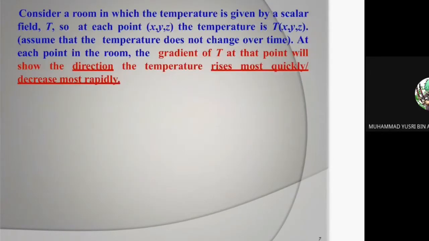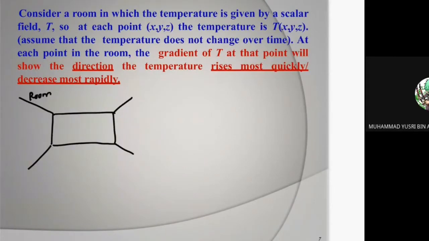Okay, look at this example. Consider a room in which the temperature is given by a scalar field T. Let's say you have one room. Okay, this is a room. So you have f. f here is the temperature T. Assume that the temperature does not change over time.